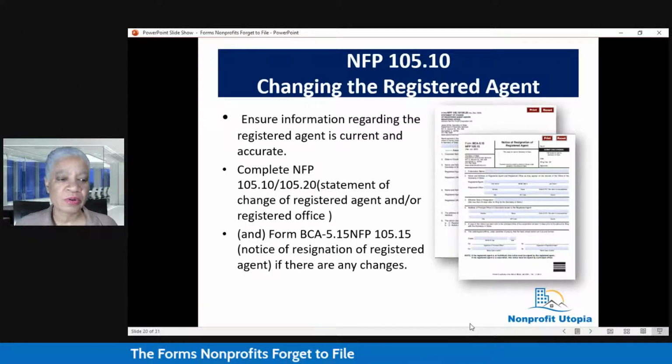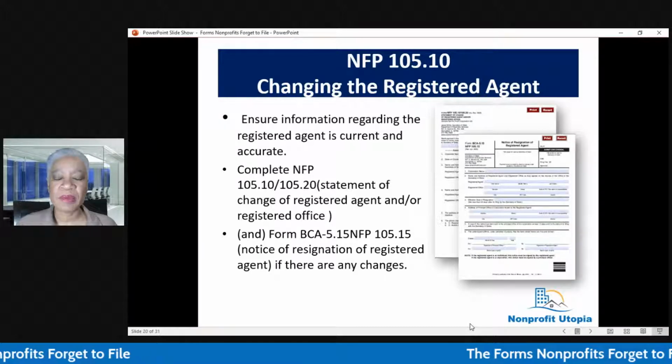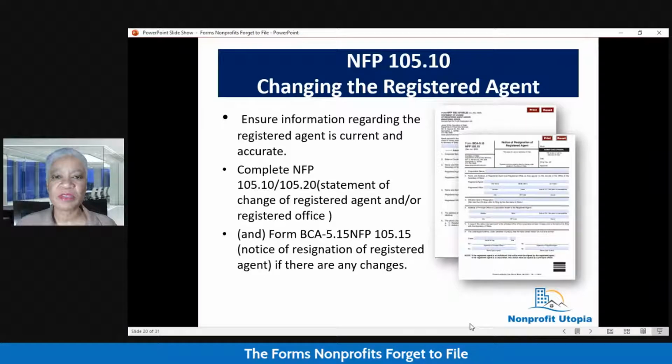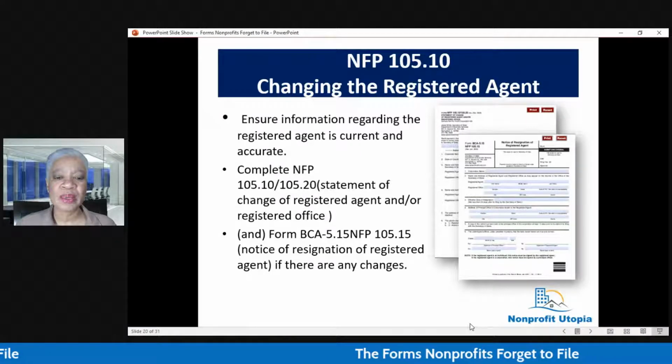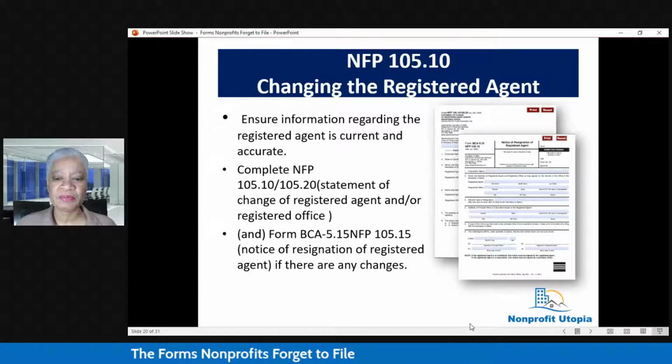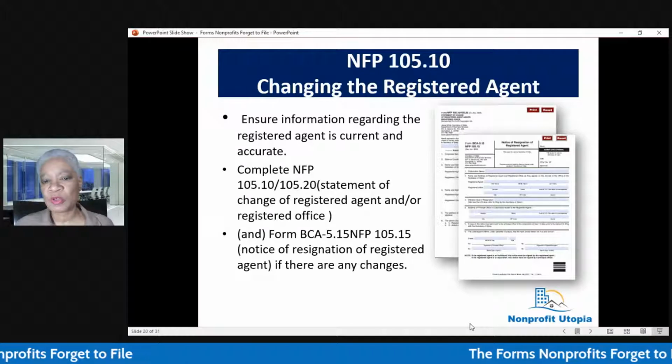Let me tell you a horror story about a client I worked with who didn't know about this form, didn't know that the organization was supposed to file Form 990 on an annual basis. They moved at least twice within 3 years and didn't tell the state that they were moving. So the state and IRS were sending them forms at their old address.